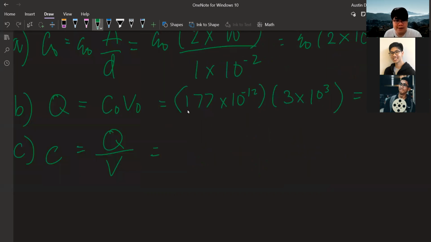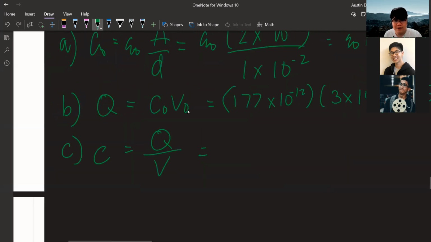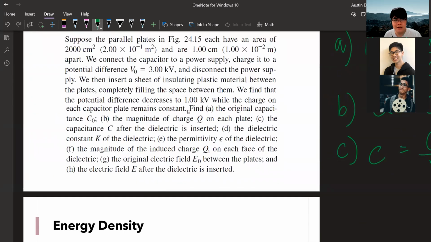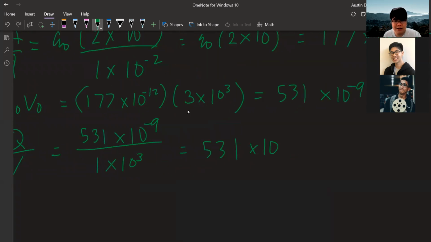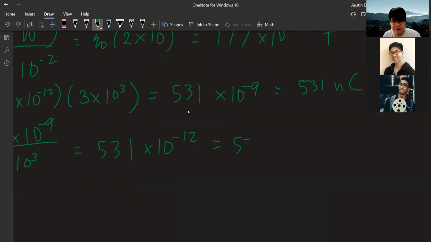So we plug things in. Q has to be 531 times 10 to the negative 9. And then V would be 1 times 10 to the third power. Okay, 1 kilovolt kasi. And this is 531 easily times 10 to the negative 12. So this is 531 picofarad.